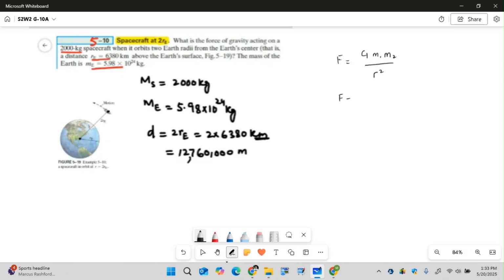So F is equal to, as you know, G is 6.67 times 10 to the power negative 11 Newton meter square per kilogram square. M1 is mass of the satellite, that is 2000, and M2 is the mass of the earth, that is around 6 into 10 to the power 24 kilogram, over the distance is 2RE.